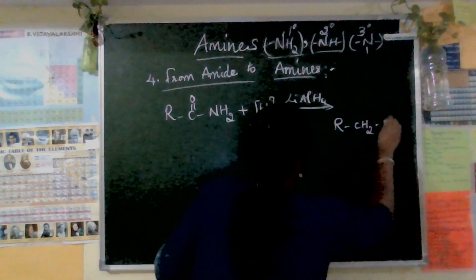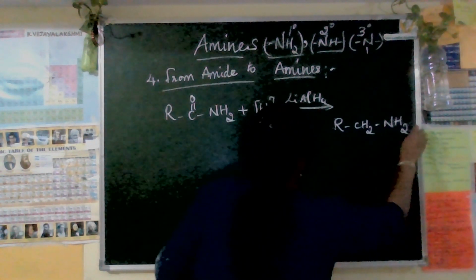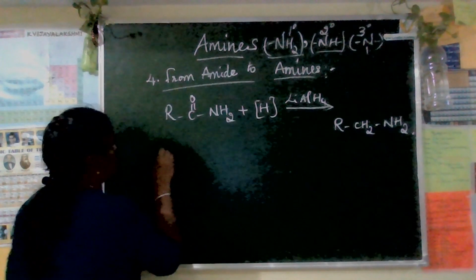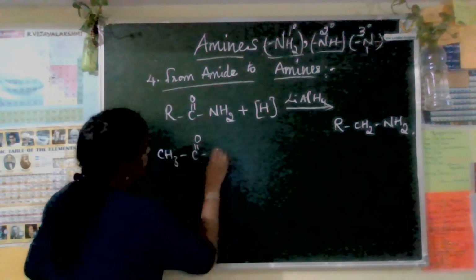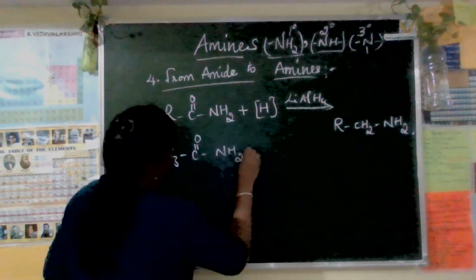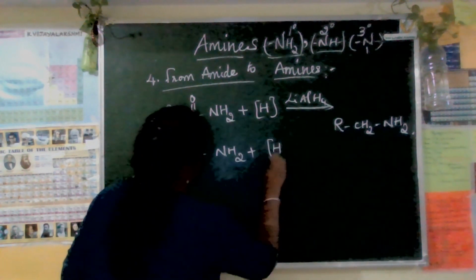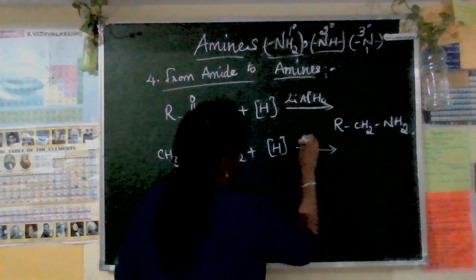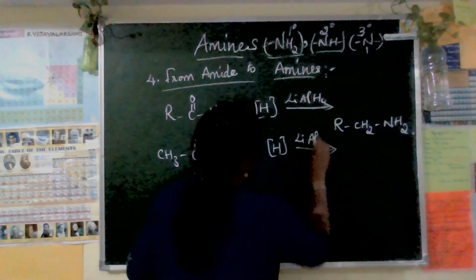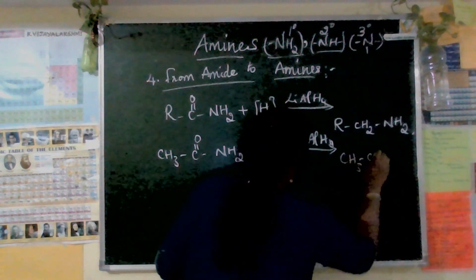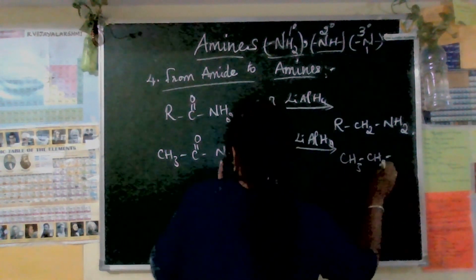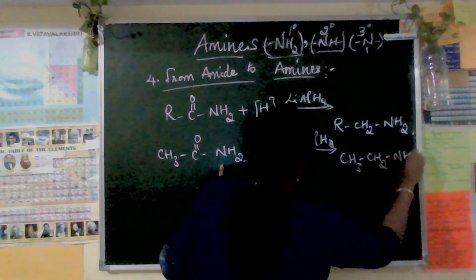R CH2 NH2. Okay. Now here for example, CH3 C double bond O NH2 combined with hydrogen, in the presence of lithium aluminium hydride, you are getting CH3 CH2 and NH2.